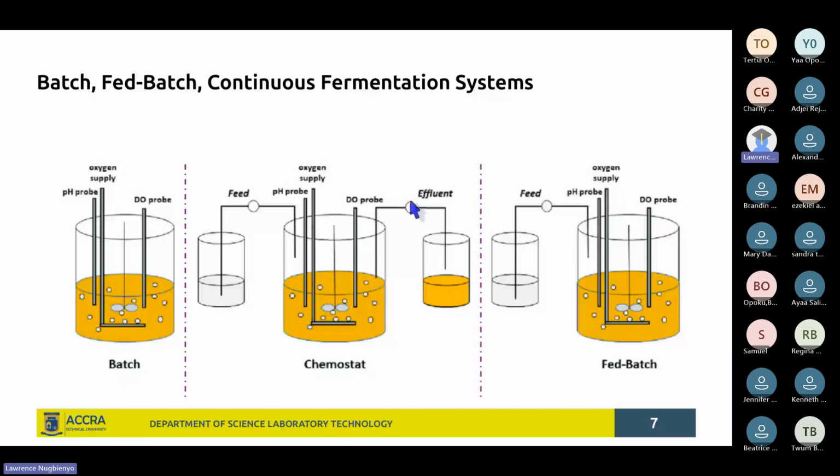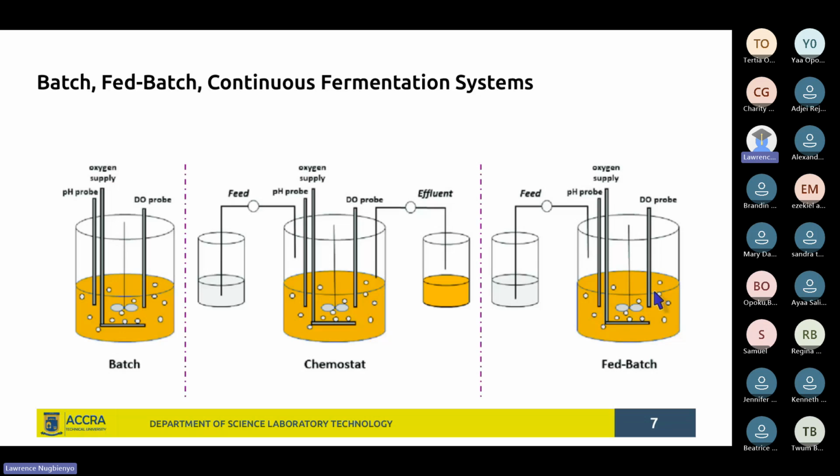If you compare that to the batch system on the left, everything is fed into the system closed. There is no separate media reservoir and no separate harvesting vessel connected to it. The feed is in the system already, and it is just closed. Production goes on up to the end, and then the effluent valve is opened and the product is harvested.